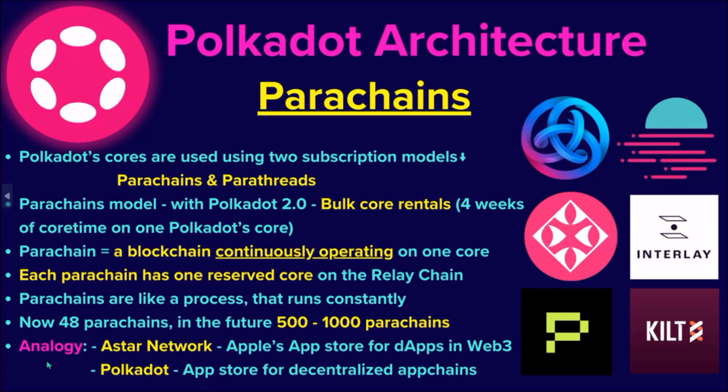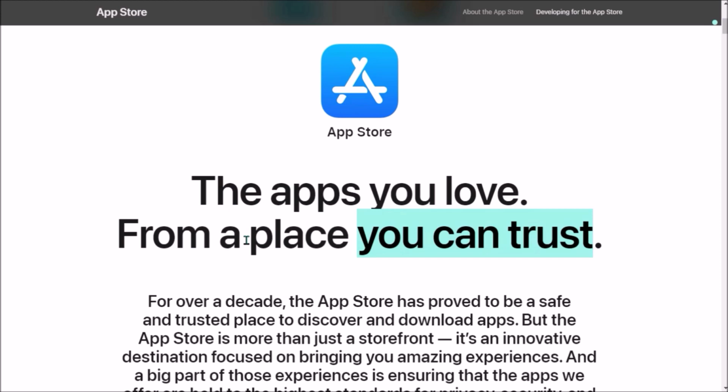And here, allow me this slightly bullish analogy for Astar and Polkadot. Last year, Astar announced it's aiming to become an app store of the Web3, similar to what Apple's App Store is in Web2, and also Polkadot, with its ability to scale up to 1000 parachains, can also become a whole new kind of app store for application-specific blockchains. Speaking of Apple, look at the slogan they used on the App Store: the apps you love from a place you can trust.